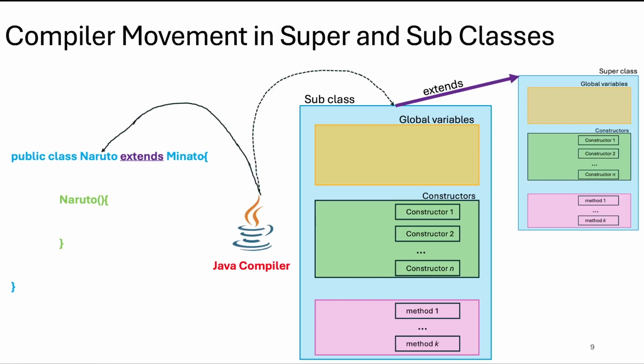Step 1. What happens is when we execute the class Naruto, the Java compiler first enters into the Naruto class. You can see the same thing here.